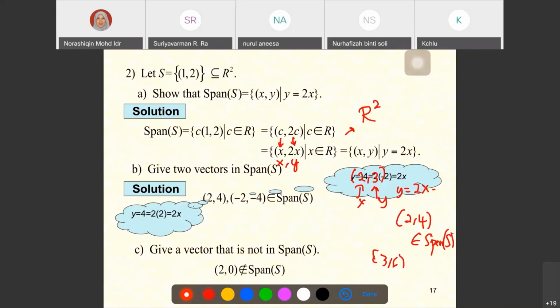So, what we learn about linear combination, because we want to go to the definition, or the term called spanning set, span of S. The span of S is the set of linear combinations of the vectors in V. That's why we learned about linear combination just now.